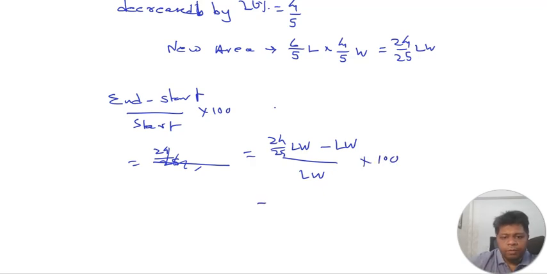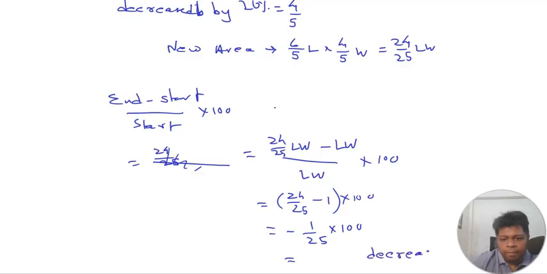Now we can remove LW from everywhere, so it will become 24 by 25 minus 1 into 100, and if I subtract it, it will become minus 1 by 25. As it is negative, that means it's a decrease. Now 1 by 25 is equal to 4%, so 4% decrease.